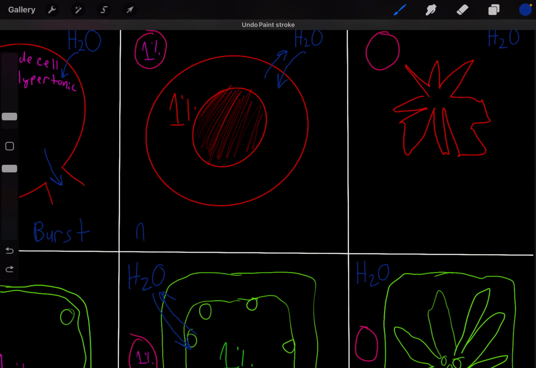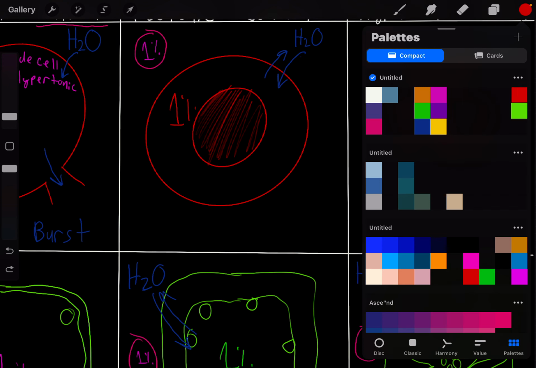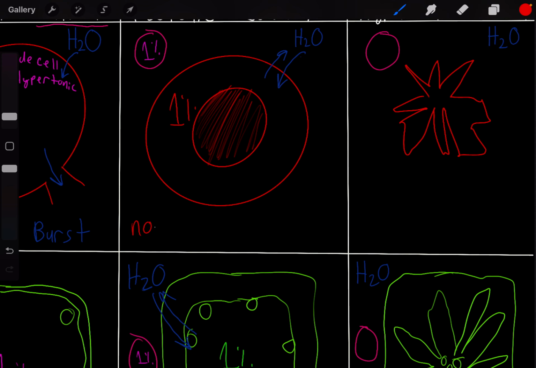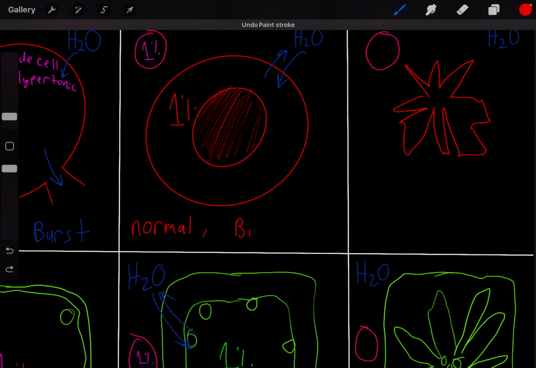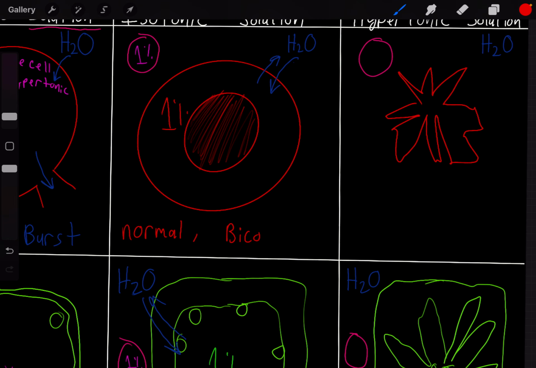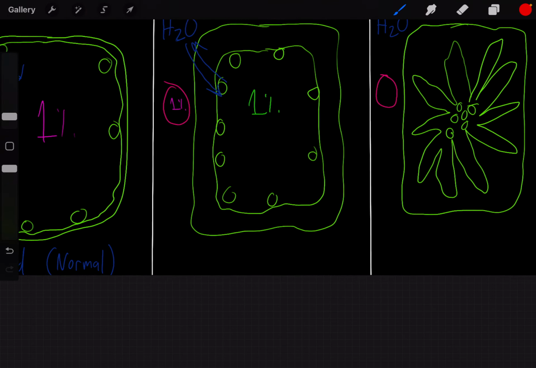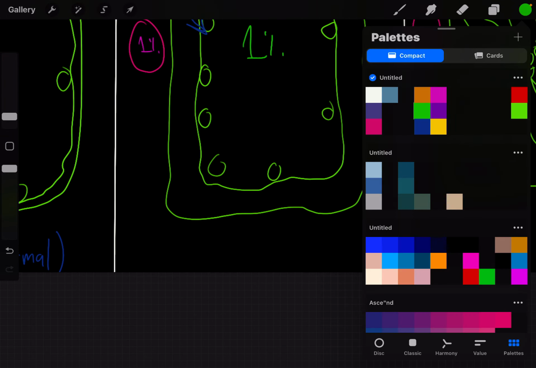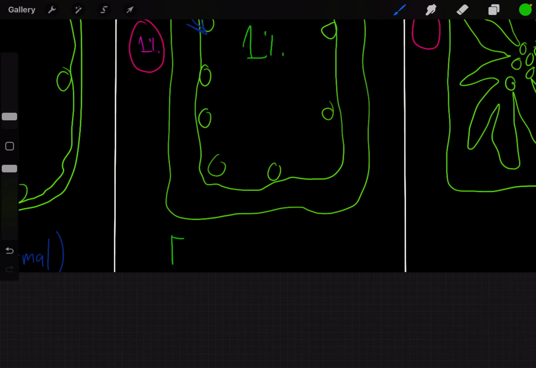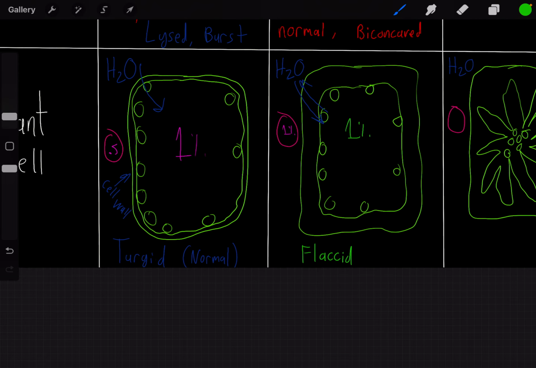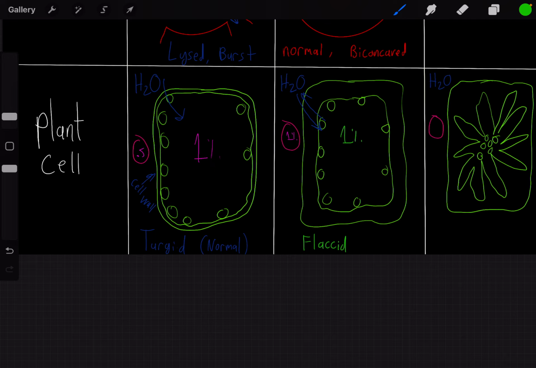For the red blood cell, you can call this normal, or you can call it biconcave. As for plant cells, this is going to be called flaccid, and this is not normal. The normal one is going to be turgid for a plant cell.